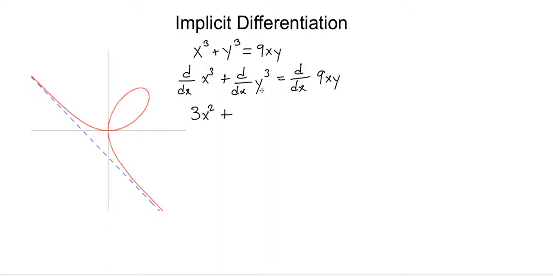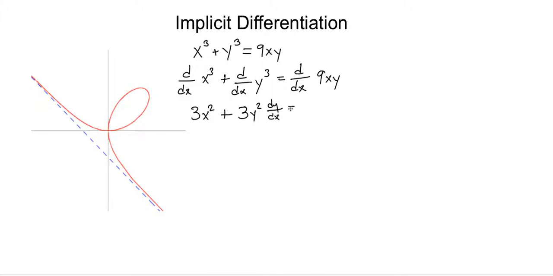Here we're taking the derivative with respect to x of y cubed. Again, we have to use the chain rule, so that's 3y squared times whatever the derivative of y with respect to x is. Again, we're treating y like some differentiable function of x.